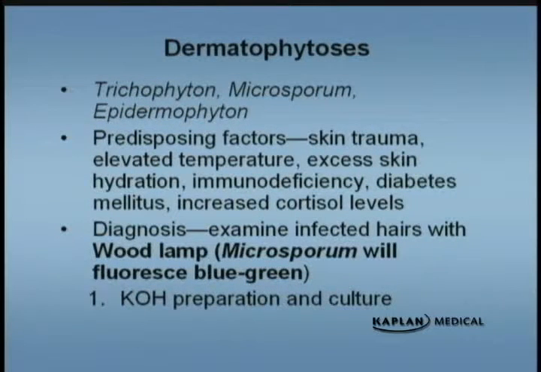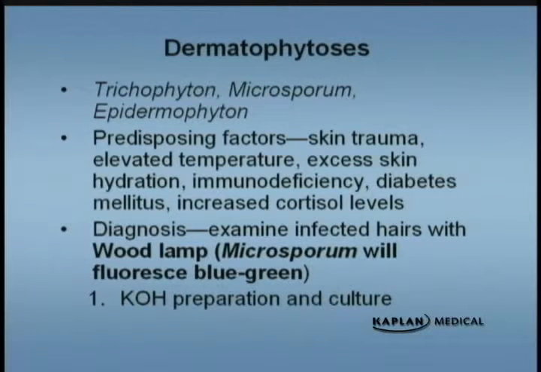The dermatophytoses include trichophyton, microsporum, and epidermophyton. Predisposing factors for these fungal infections include skin trauma, higher temperatures, excess skin hydration, and immunodeficiencies put you at higher risk. Also diabetes puts you at higher risk for any of these infections.